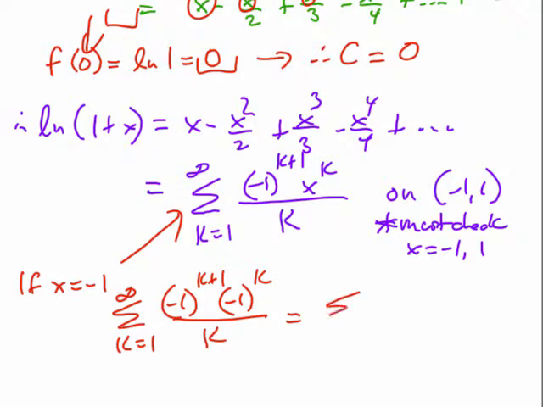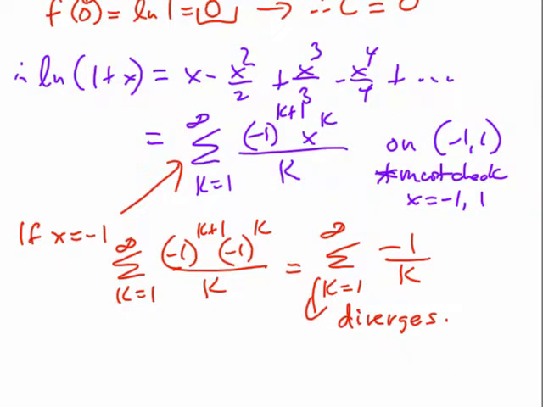This is going to mean the same thing as -1 over k, which I know it diverges since it's basically the harmonic series. So x equals -1 can't be included on the interval of convergence.